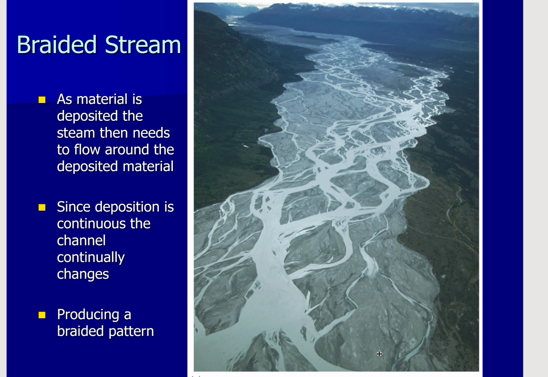They're being created, they're being destroyed, they're shifting, and the volume of shifting depends upon how much discharge there is. If there's a lot of discharge, then there's not so much shifting. If there's a little discharge, then we're depositing more material, so there's going to be more shifting in the stream. So we get this lovely braided channel that's produced.